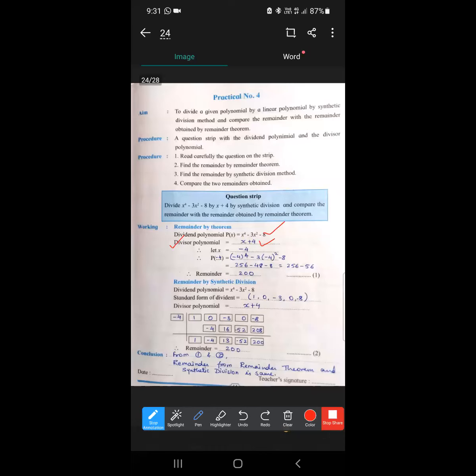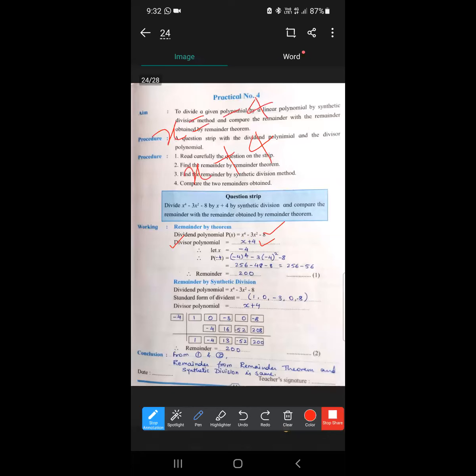Okay, if the divisor is positive, then you have to take the value as negative. If the divisor is negative, you have to take the value as positive. Okay, so here the divisor is what? X plus 4. Okay, that means it is positive. So the value of x you will take it as what?